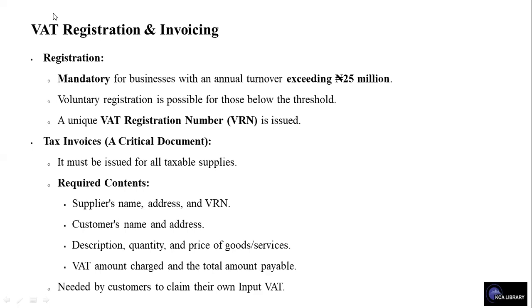A unique VAT registration number is issued when registration is successful. The tax invoice is a critical document, and it must be issued for all taxable supplies. The required contents are the supplier's name, address, and TIN, the customer's name and address, the description, quantity, and price of goods and services, the VAT amount charged, and the total amount paid. It's needed by customers to be able to claim their own input VAT.